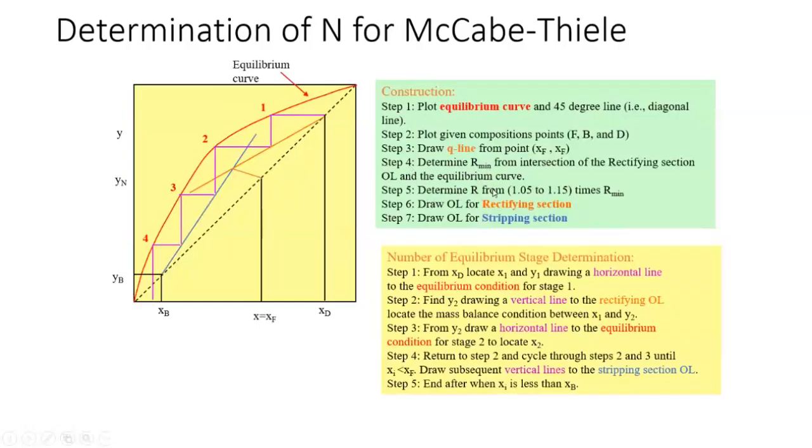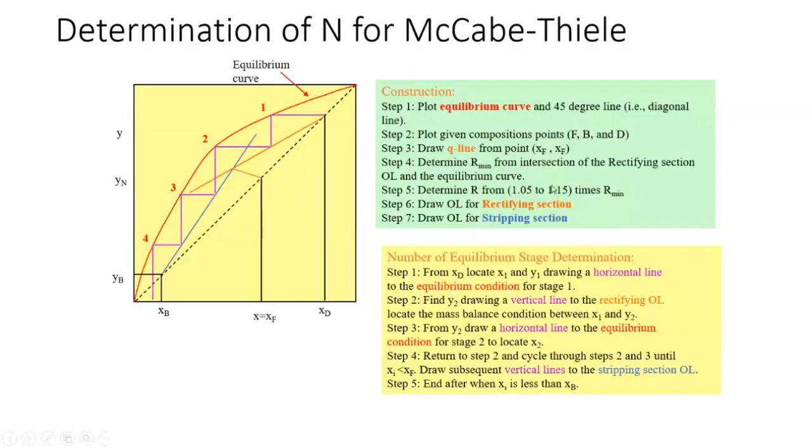As soon as we get the R minimum value, then for the actual reflux ratio R, we need to consider any value in between. That means we have to multiply R minimum by 1.05 to 1.15.